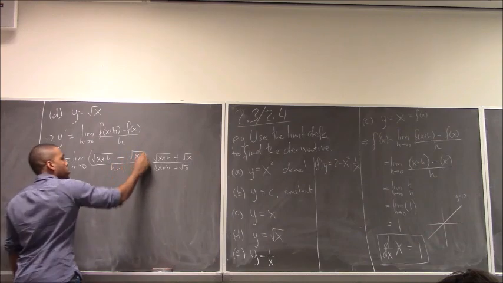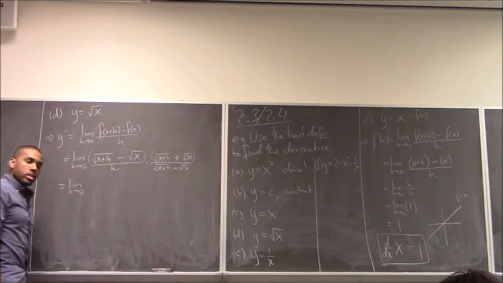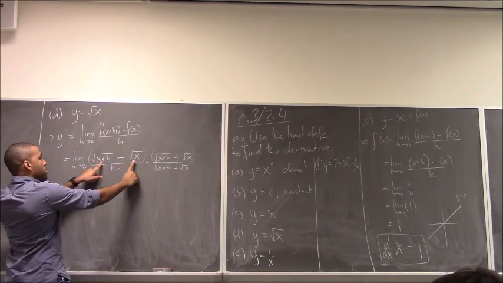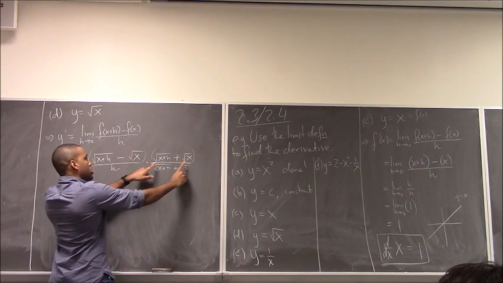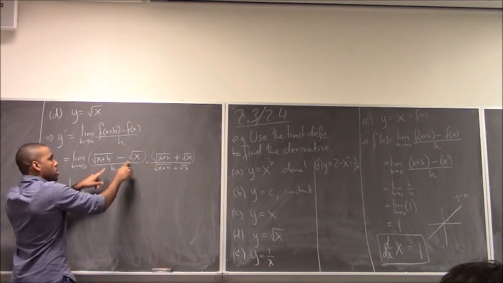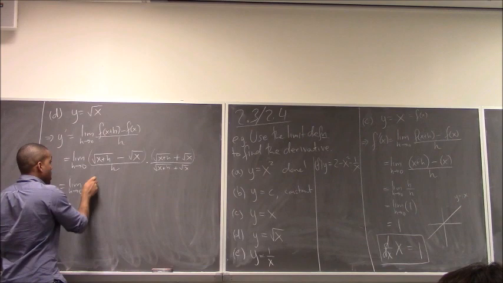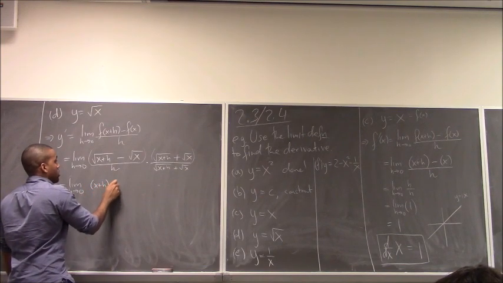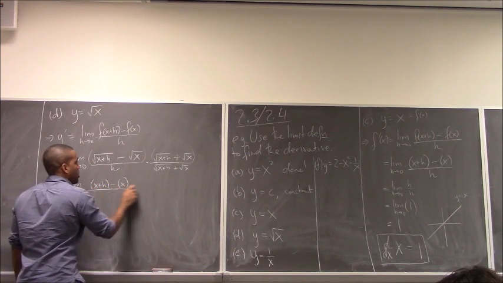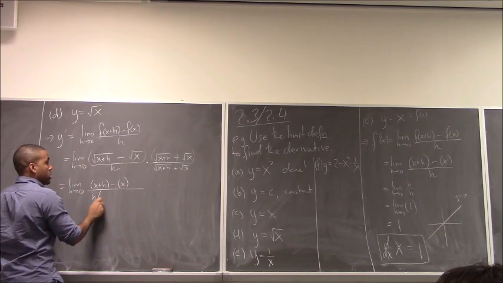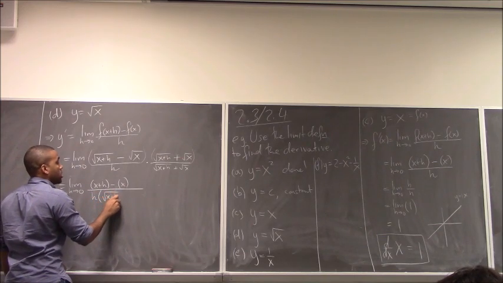So the top, when I multiply this out, it looks like the difference of squares. This is a minus b times a plus b, so that just becomes a squared minus b squared, and that gets rid of the radicals. Over, now in my denominator, I just have that.